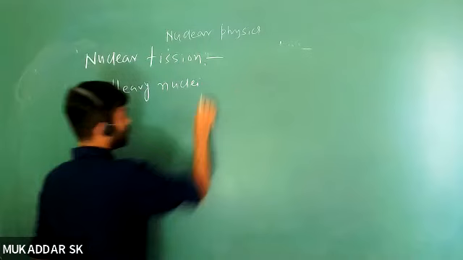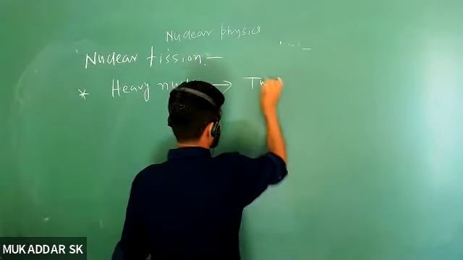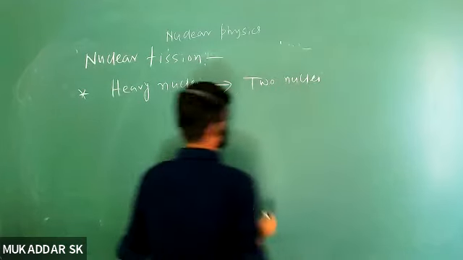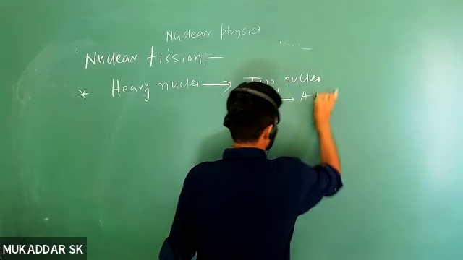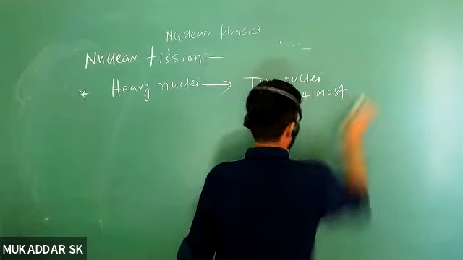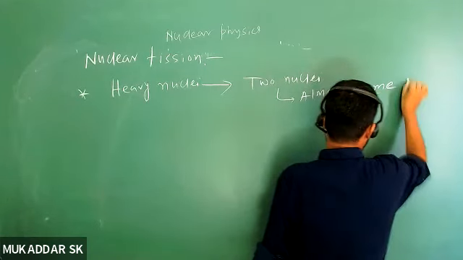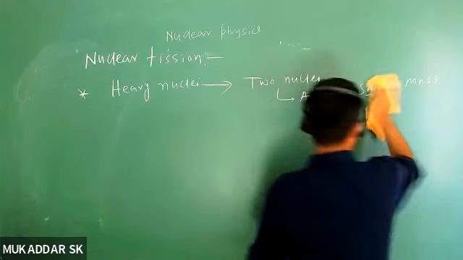Heavy nuclei will break into two nuclei. Two nuclei, they have almost same mass, not exactly same mass, almost equal, you can write.